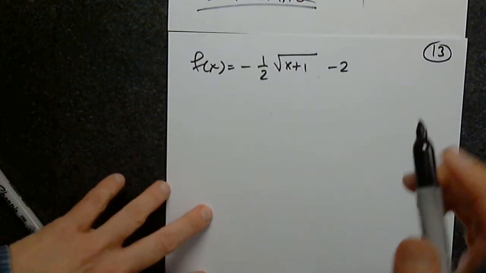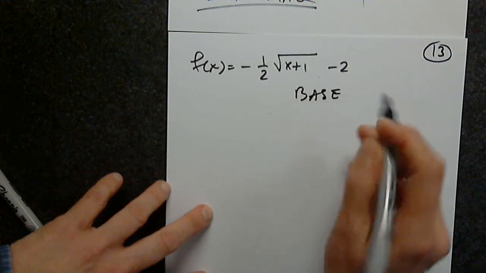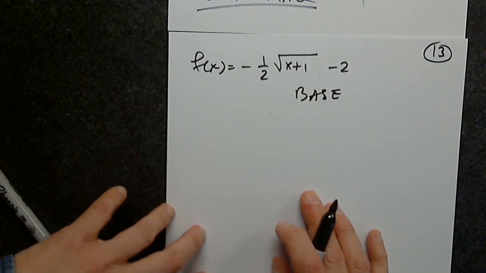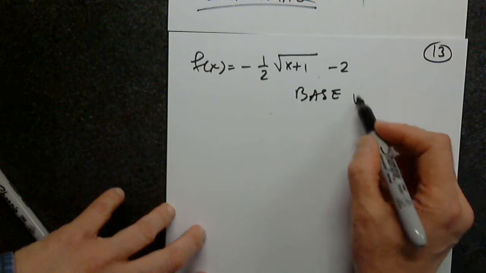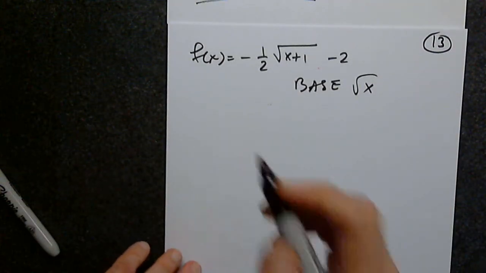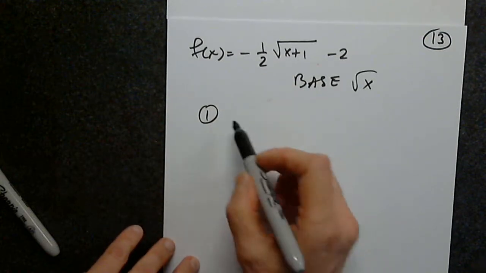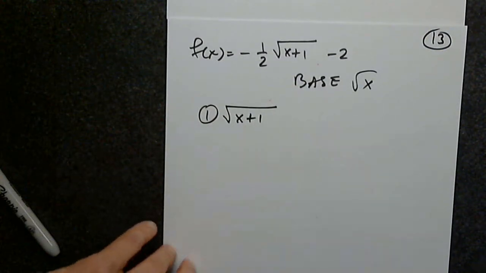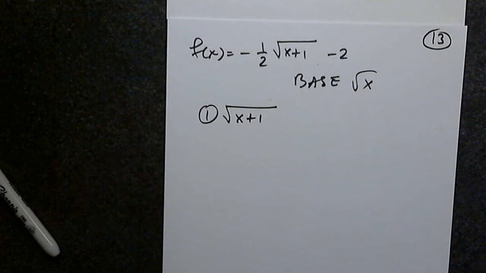So, which base function are we using here? The base function is the square root of x. Good. First transformation, indeed, the square root of x plus 1. Where do I move the graph?